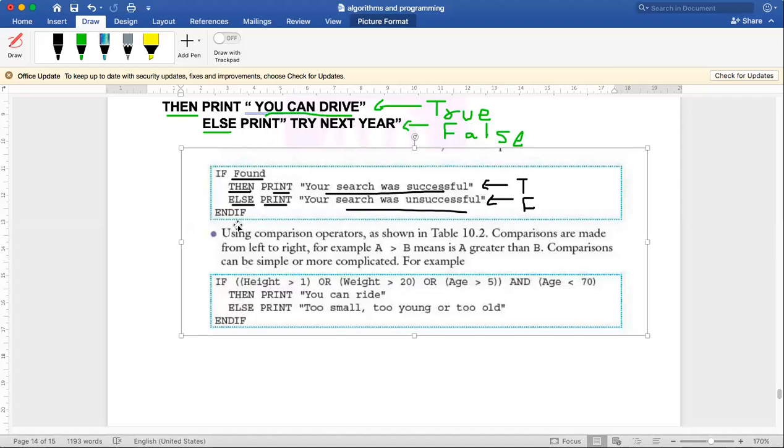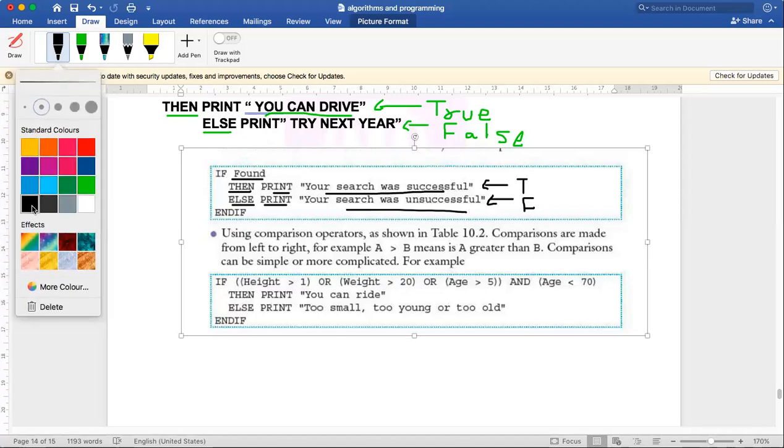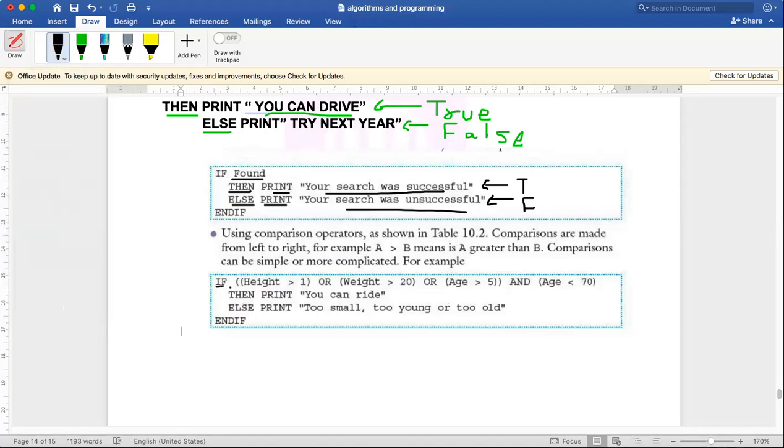Okay, now let's see another example. If height is greater than or equal to 1, let's suppose we take height in feet.